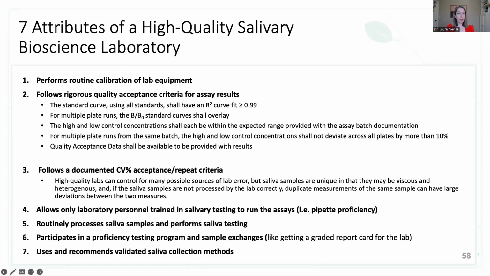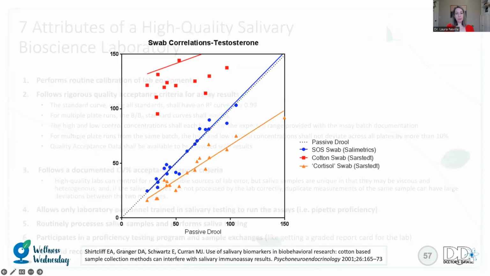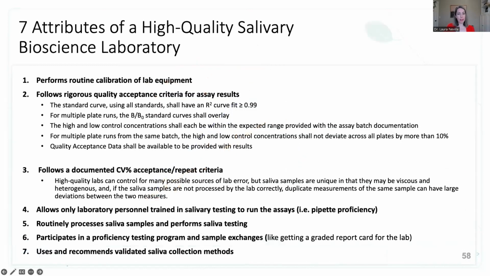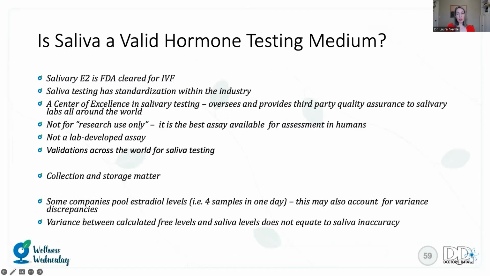Participating in proficiency testing programs, sample exchanges, and using the validated and recommended collection method. Remember, so not using something like a cotton swab, measuring with the correct swabs or doing passive drool, something like that.